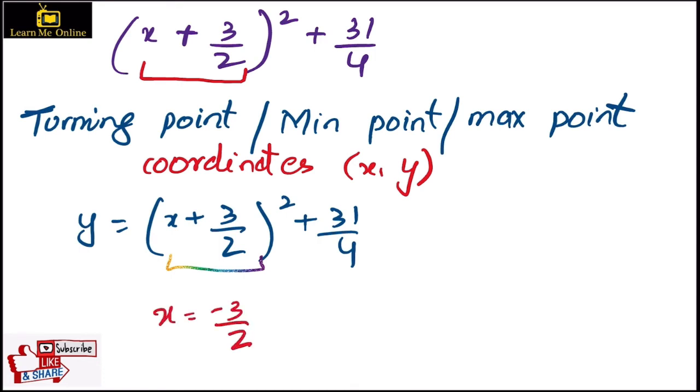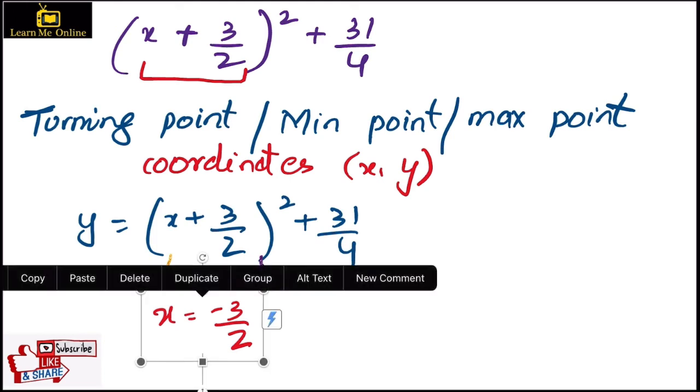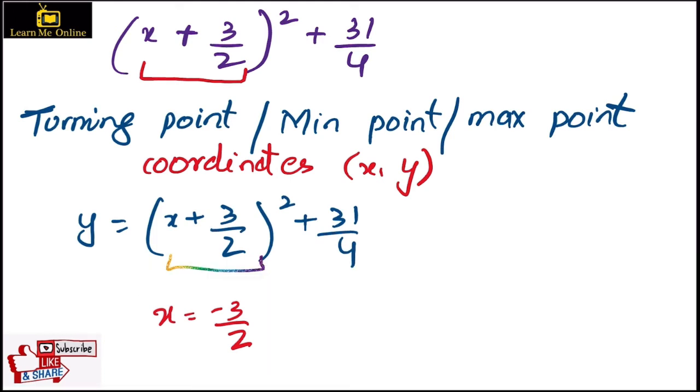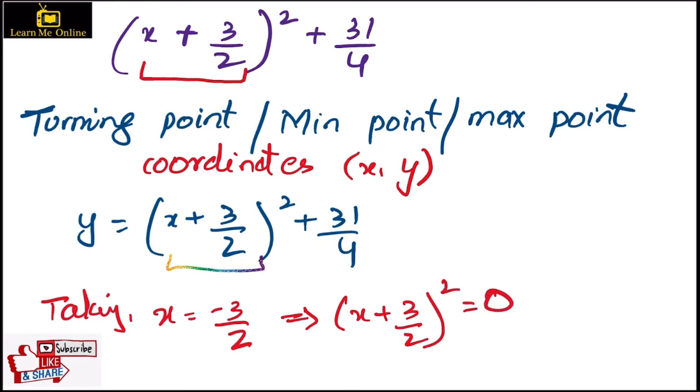So clearly we see that minus 3 over 2 plus 3 over 2 will make the whole bracket equal to 0, because they are exactly the same terms with positive and negative. So I'm going to write it down: taking x equals minus 3 over 2 will make (x plus 3 over 2) whole squared equal to 0.